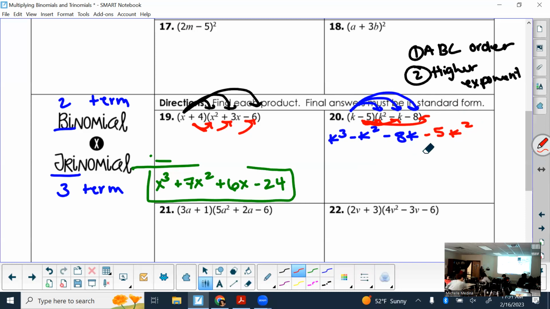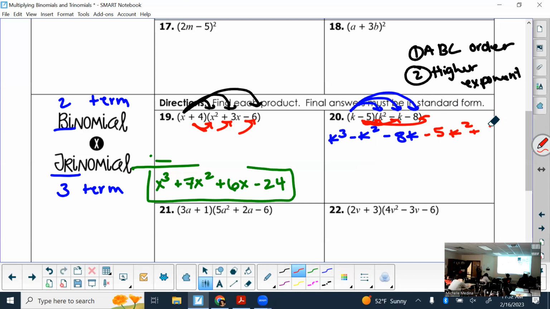Table 6. Negative 5 times negative k. I think you're one step ahead, maybe. Negative 5 times the negative k. Oh. Is it gonna be negative 5k? Class? What's a negative times a negative?